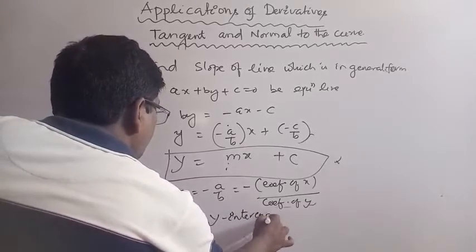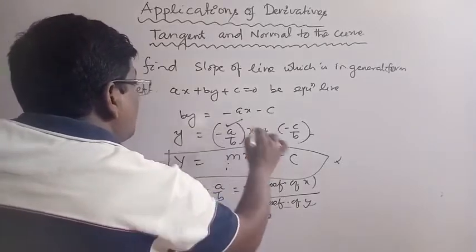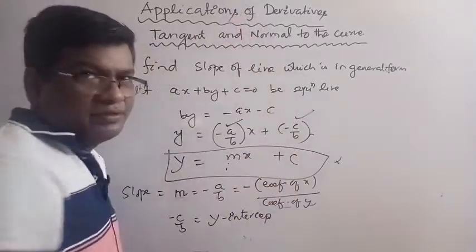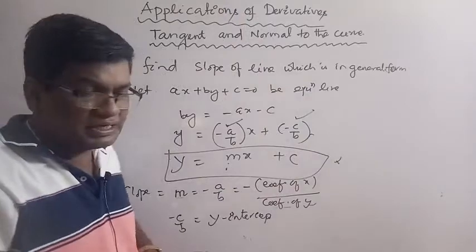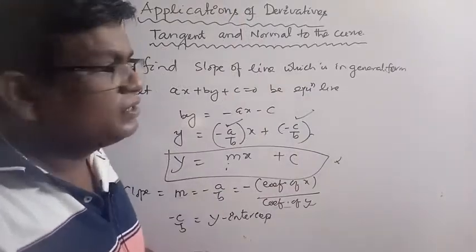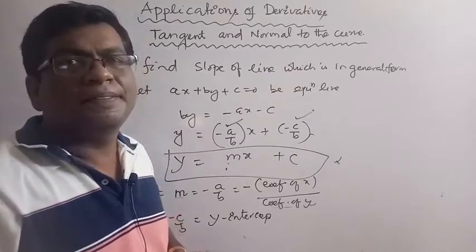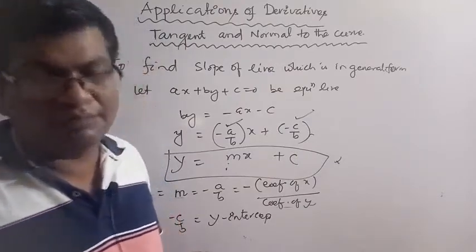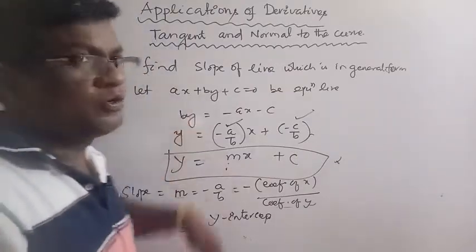This portion is the slope and this is the y intercept. Now let's see the conversion of the general form into intercept form.